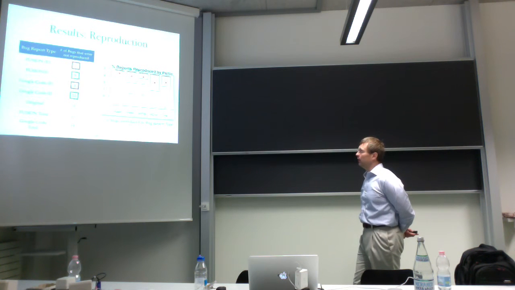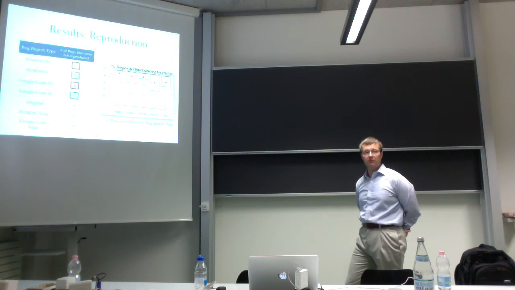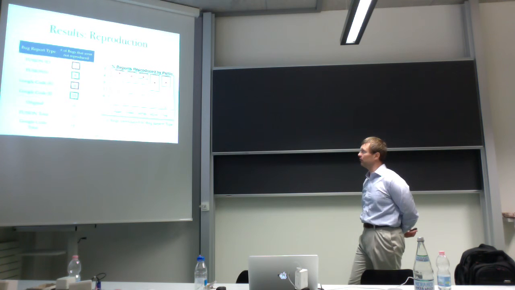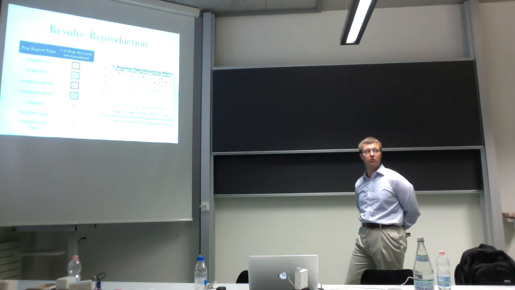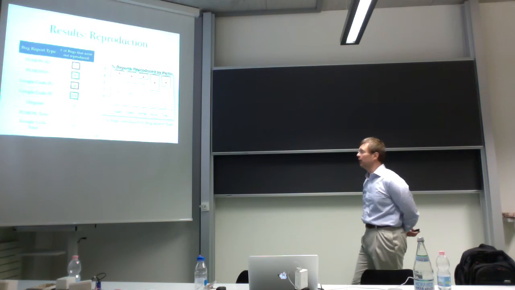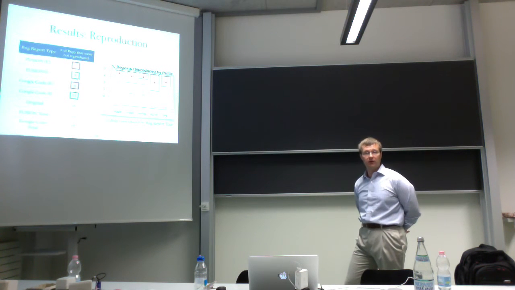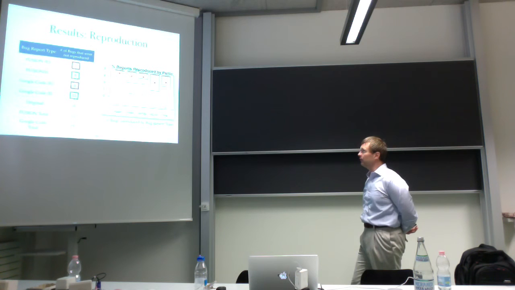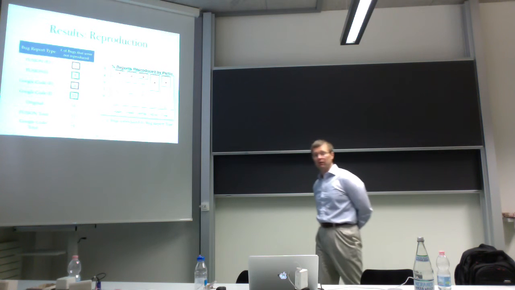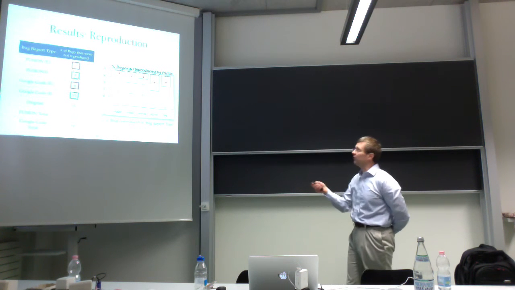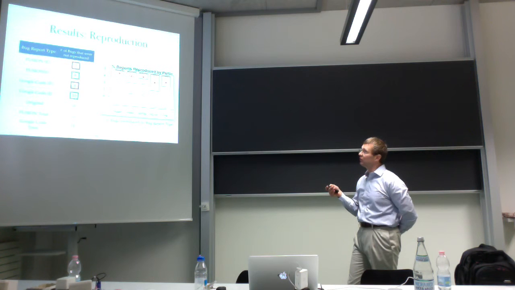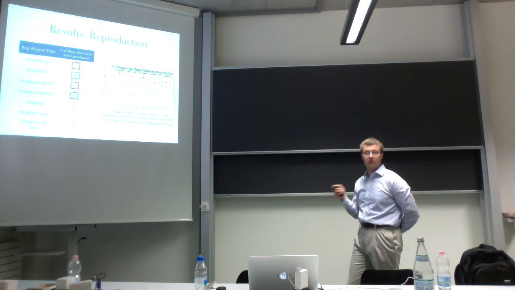So in total, for Fusion, we had 13 bug reports which were not able to reproduce, and we had 23 bug reports which were not able to reproduce for Google Code total. Okay? So this is pretty good, right? Because we are able to reproduce bug reports, but what is even more important, we're able to reproduce bug reports which come not only from experienced people, but also bug reports which are coming from inexperienced people.